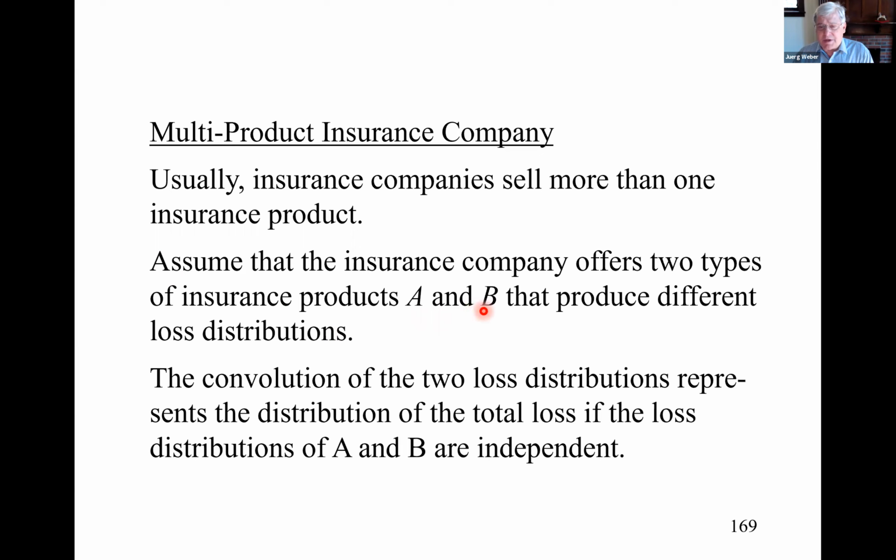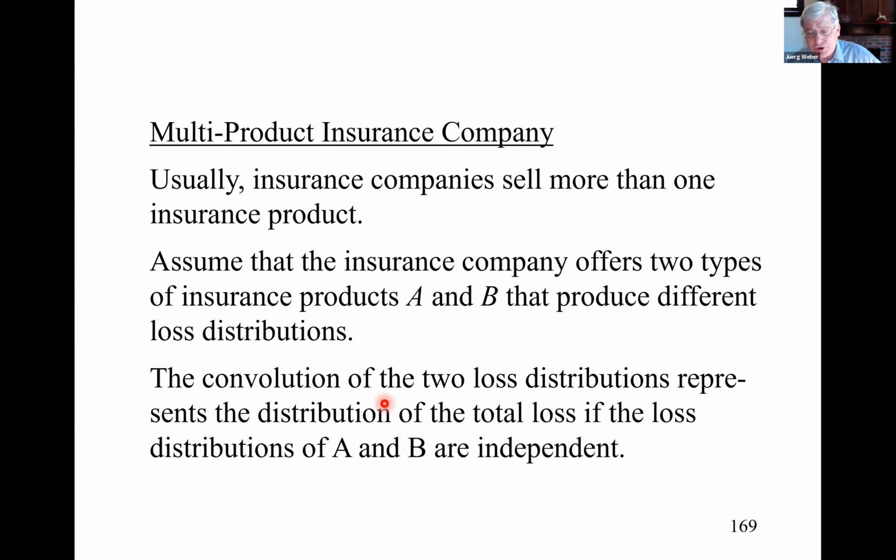Then maybe the insurance company also sells fire insurance, another type of insurance contract, and that also produces some loss distribution. Now, if those loss distributions are independent, then you can calculate the overall loss distribution as the convolution of the two distributions for A and B.